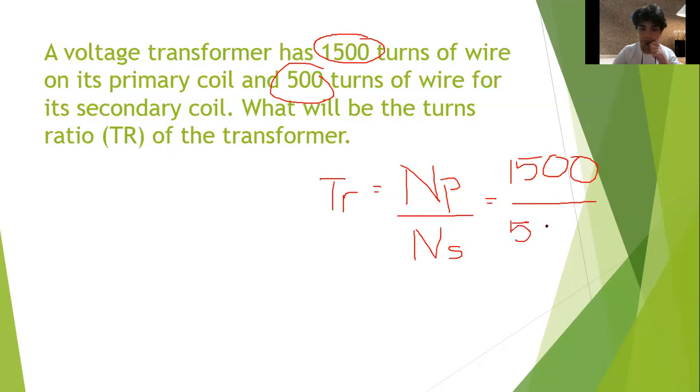In turn, we will have this answer: 3 over 1, or simply 3 is to 1.